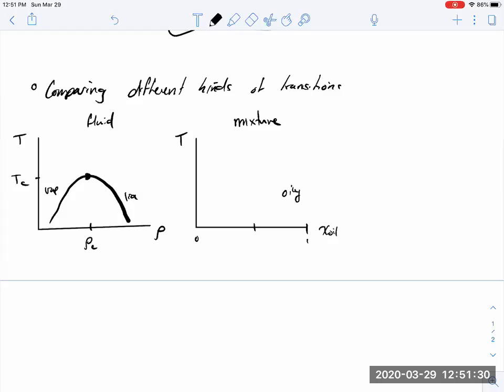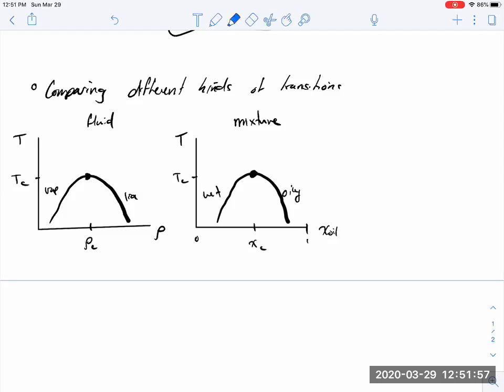There's a watery phase at high mole fraction of water, and there's some coexistence region in between. And just like a liquid-vapor phase transition, there is an end to that coexistence region where oil and water mix in all proportions. That has an associated critical temperature and now critical mole fraction.